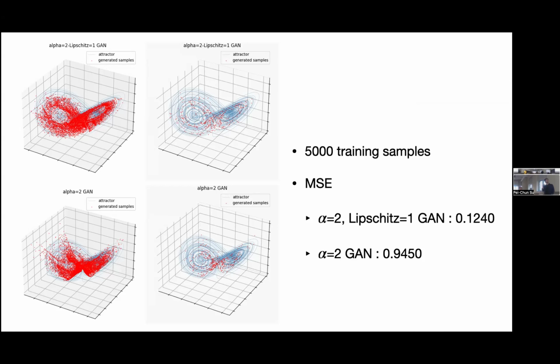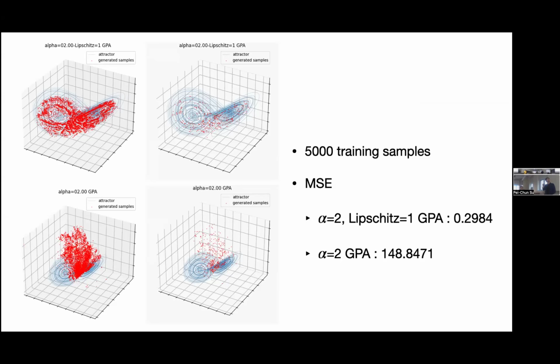The first row is when we have the Lipschitz regularized alpha divergence as a loss function, and in the visualization you can see it's closer to the attractor, so it basically lies on the fractals. If you remove the Lipschitz regularization, it goes far away and is no longer close to the trajectories. The loss is also small if you impose Lipschitz regularization.